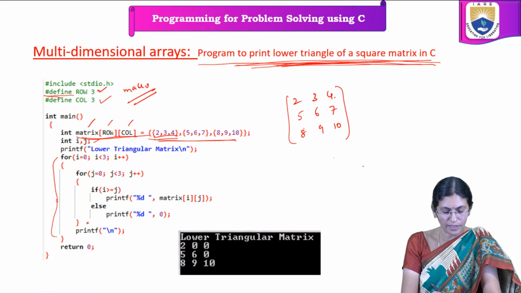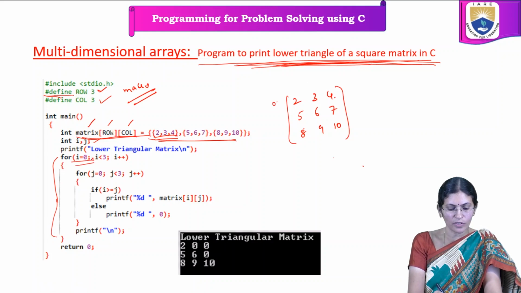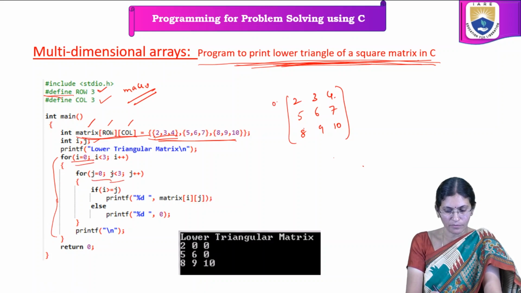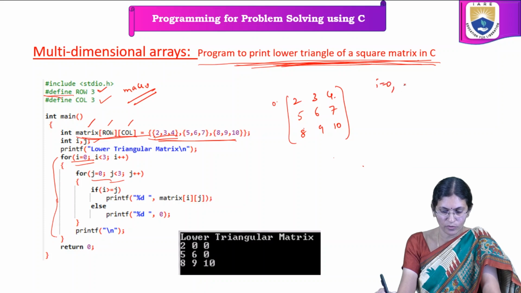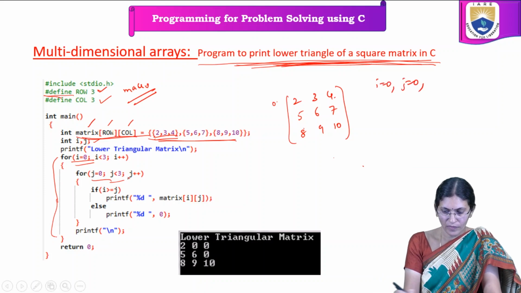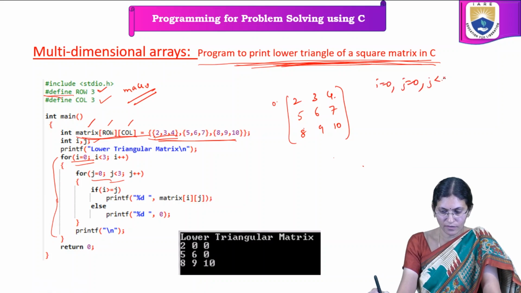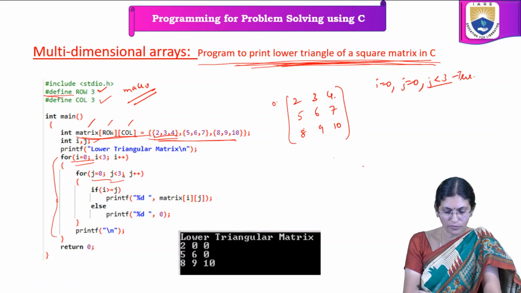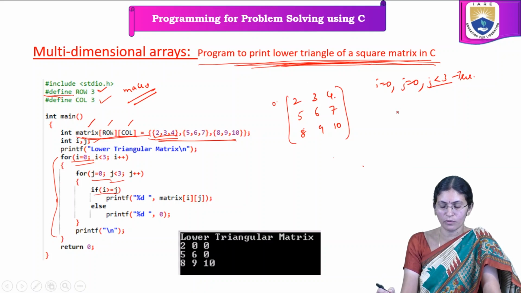Now let us understand this code. For i equal to 0, the loop will run 3 times. For i equal to 0, j is equal to 0. Then j is less than 3, 0 is less than 3, this condition is true. So it will check the next condition: if i is greater than or equal to j.